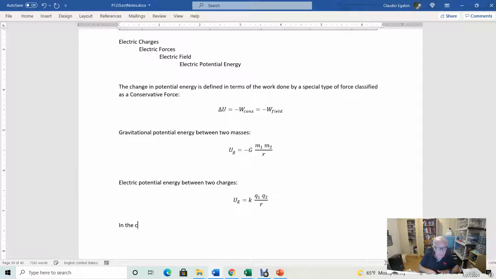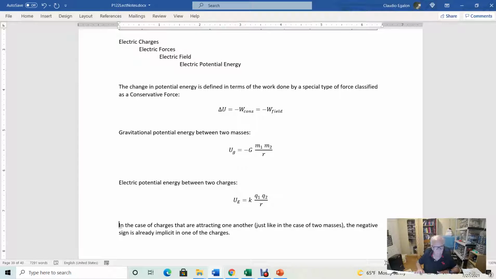Just like in the case of two masses, the negative sign is already placed in one of the charges, either Q1 or Q2.